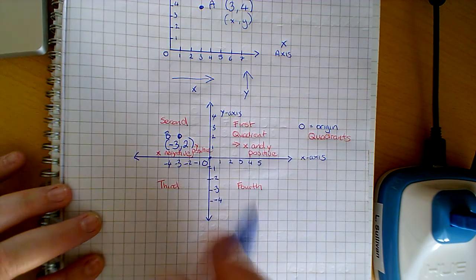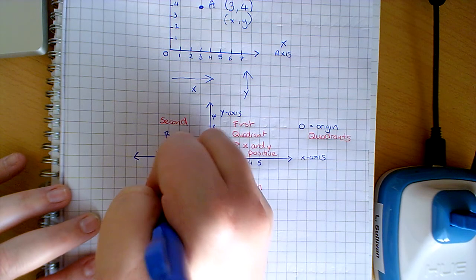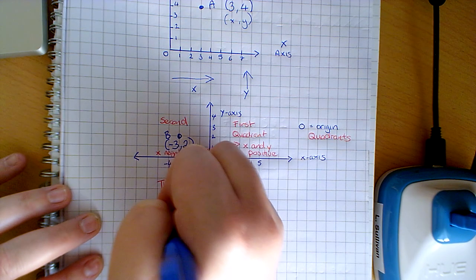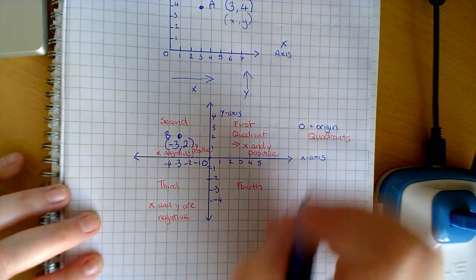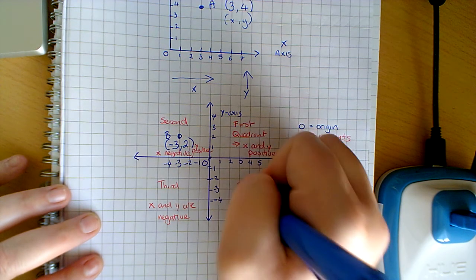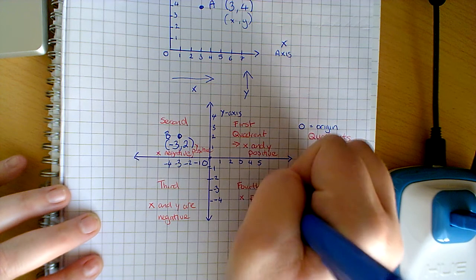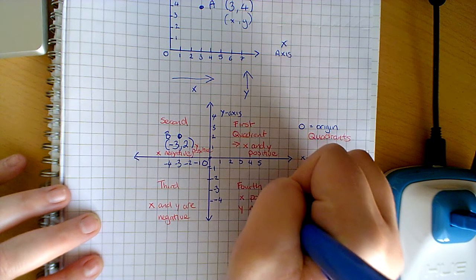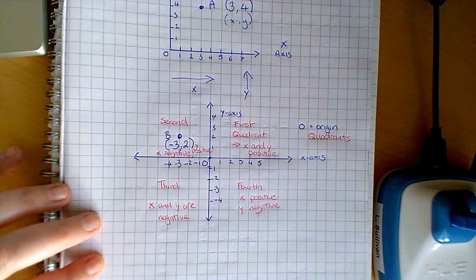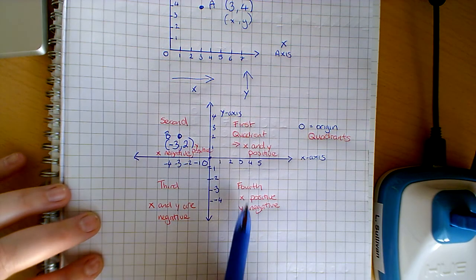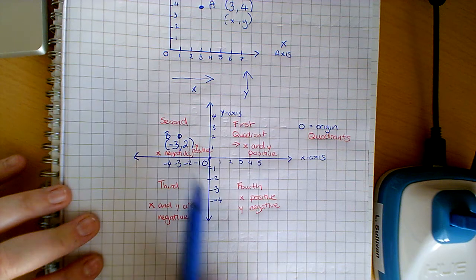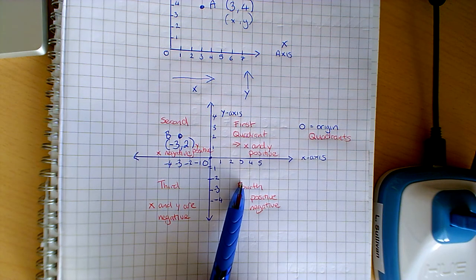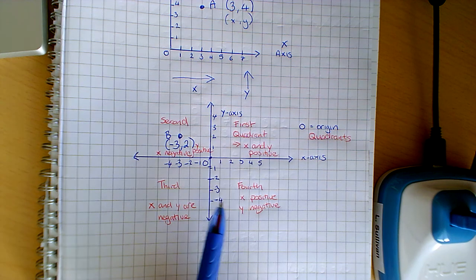In our third quadrant, both x and y are negative. And in our fourth quadrant, x is positive and y is negative. Okay. So what we're able to do then is plot individual points and tell where they're going to be, in which quadrant they're going to show up.